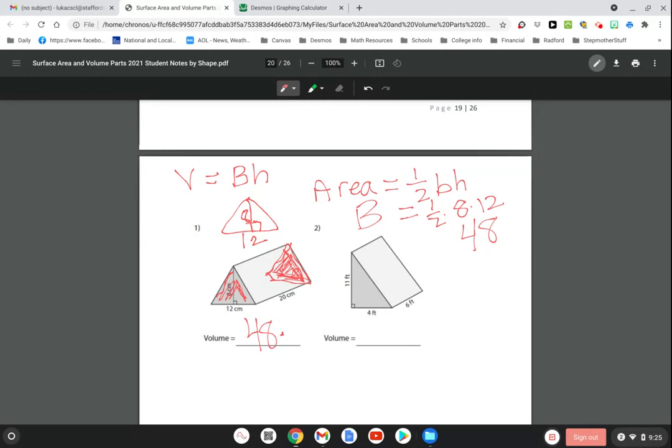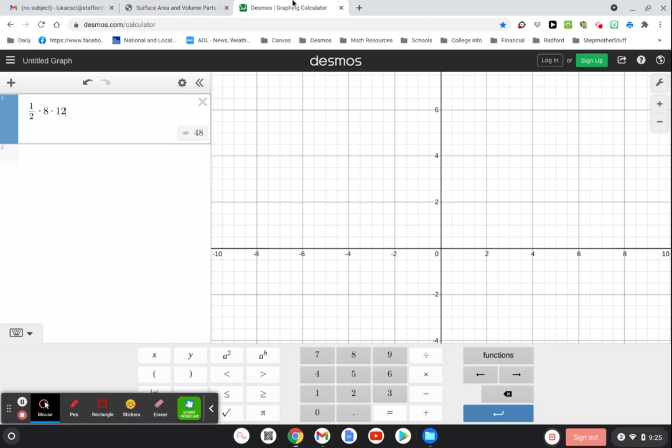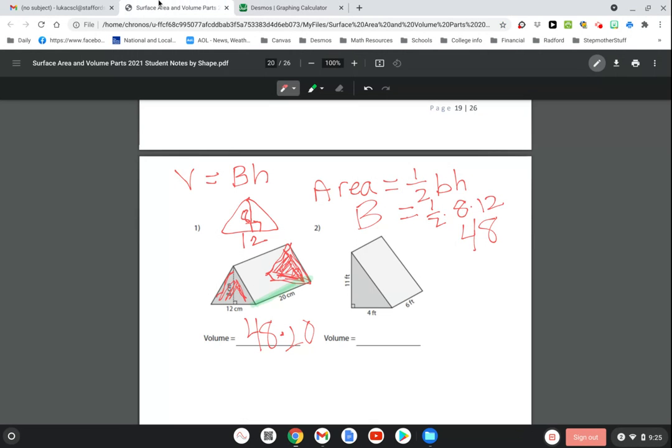And remember, the height is the distance between the two triangles. So your height is 20. So we'll multiply 48 times 20 in the Desmos calculator. And we'll get 960 for our volume. And that's in centimeters cubed.